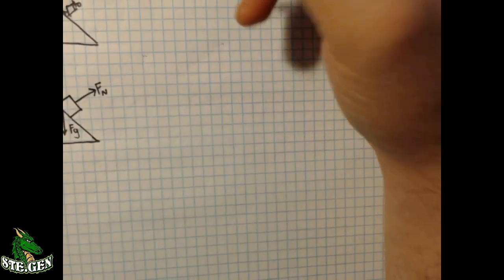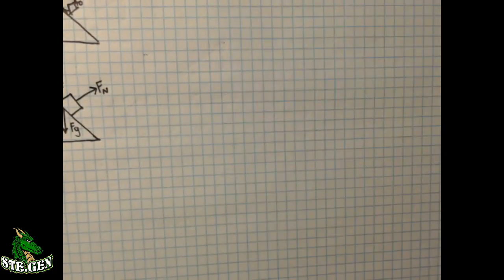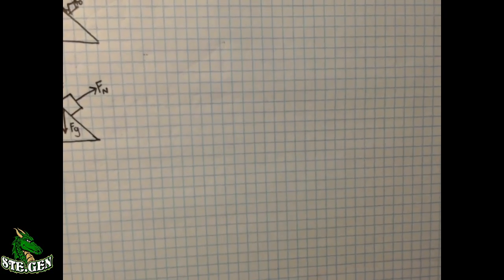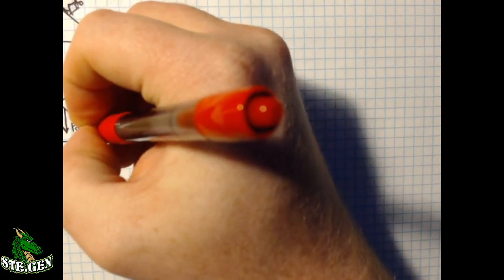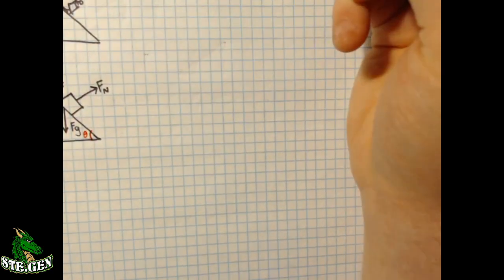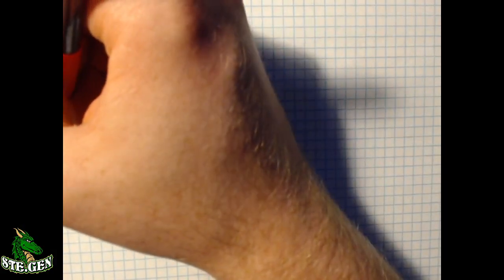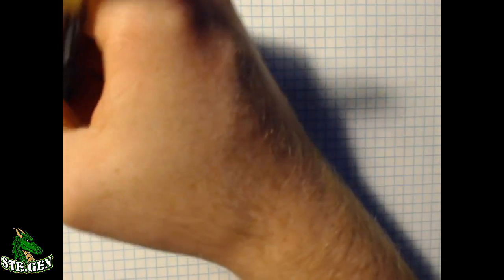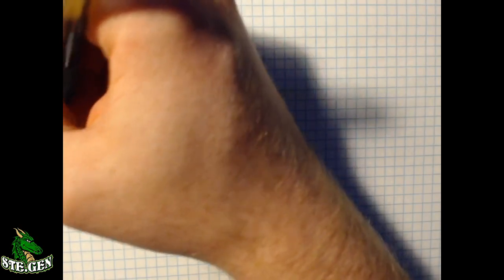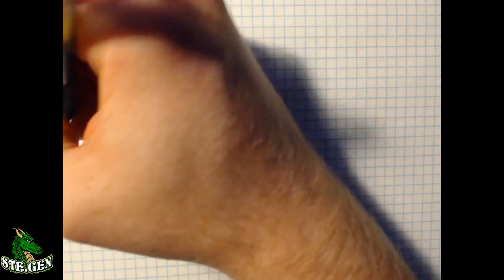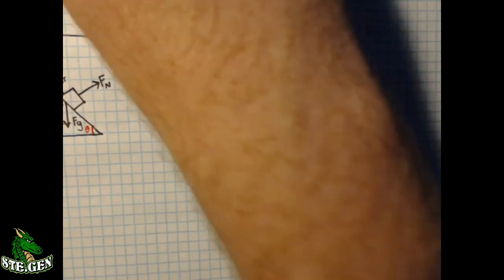Now, one very important thing to note here, and this is going to be the key to solving these types of problems, is if I have a theta right there, that theta is the same angle that is right here.